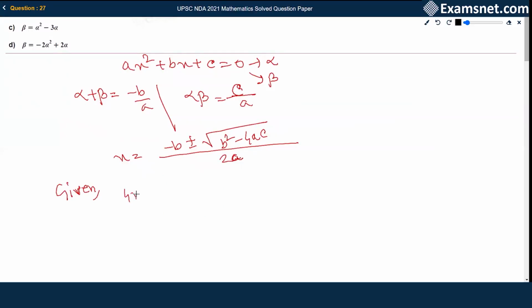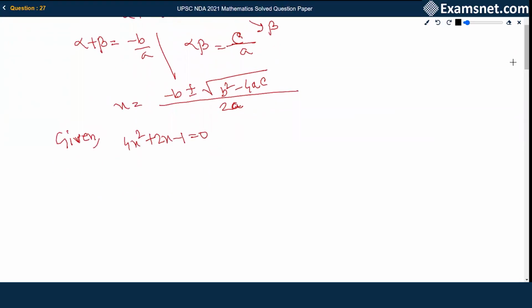Now, given 4x square plus 2x minus 1 equals 0. By comparing it with the general form, I can write a equals 4, b equals 2, and c equals minus 1.